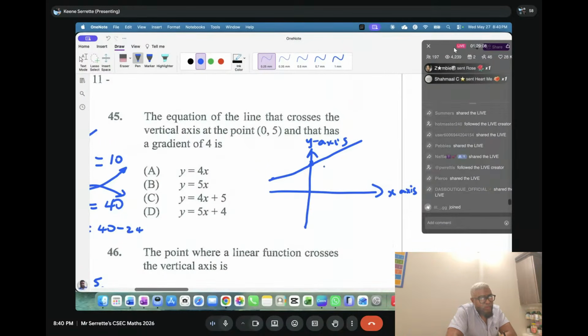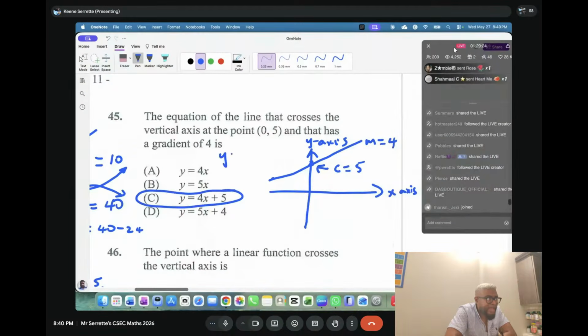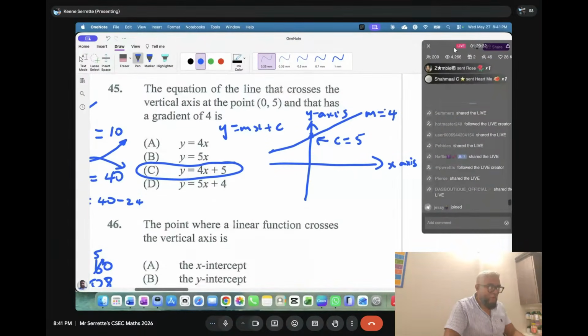So my y-intercept would be what? y is equal to mx plus c. This is the form for the equation of a line. M is 4, c is 5. That's how I got this.